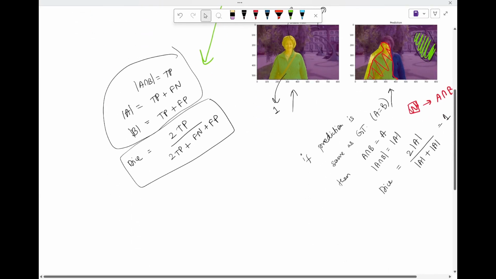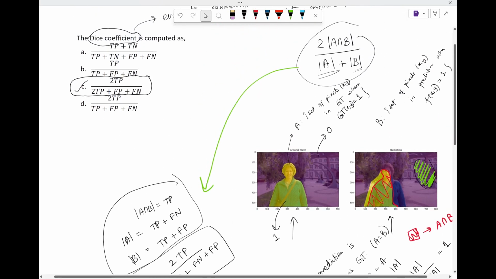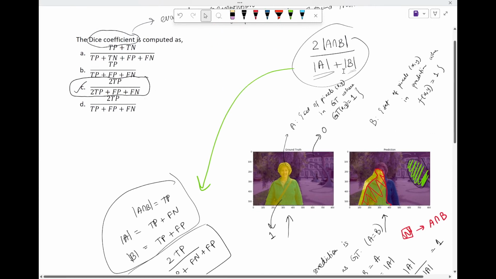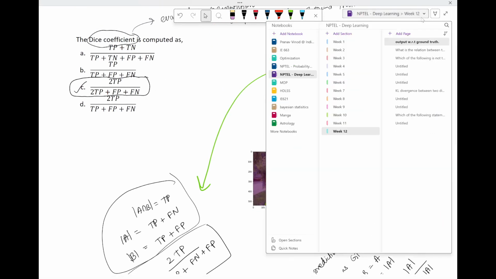Yes, it is clear. Okay, thanks. So let's look at the next question.